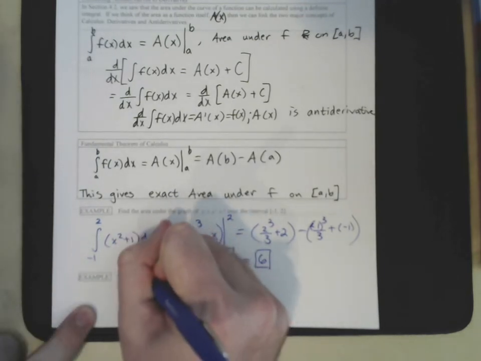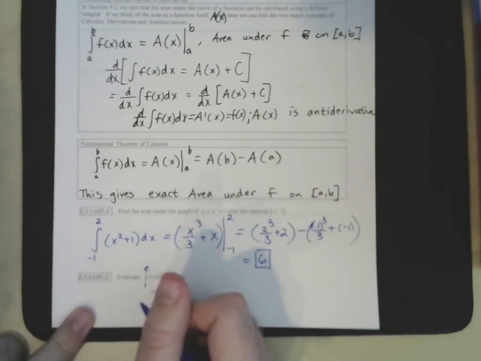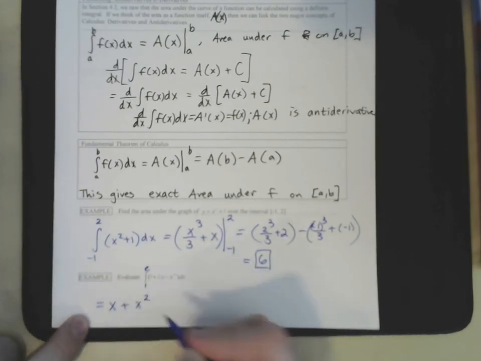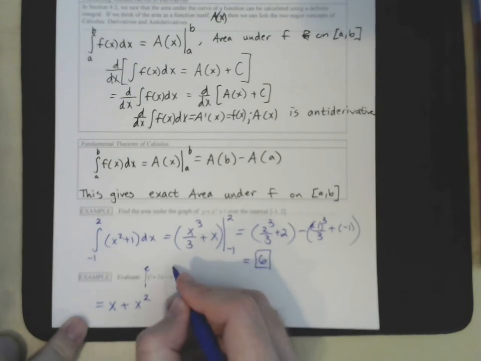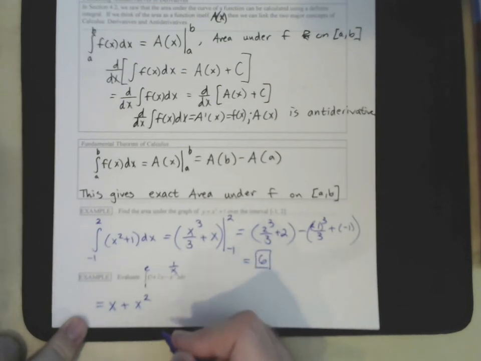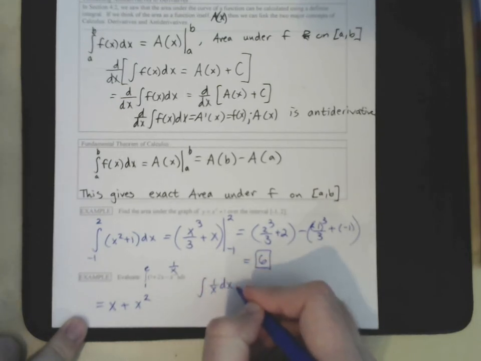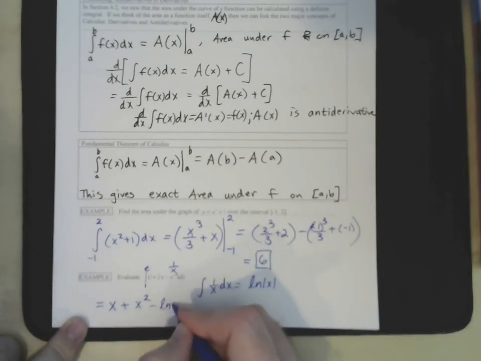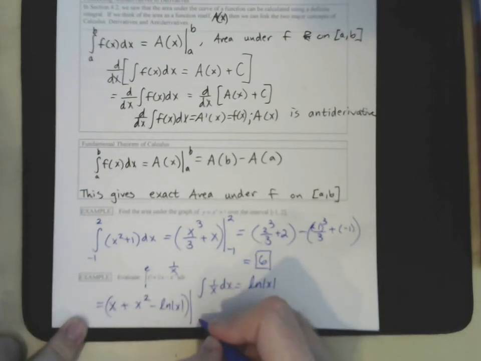All right, so another example. So our antiderivative of 1 is x, of 2x is x squared, of -x to the -1, that's the same as 1 over x, and we know that that antiderivative is ln. So the integral of 1 over x dx equals ln of x. So this is going to be -ln x. That's the values. And all of this is going to get evaluated from 1 to e.